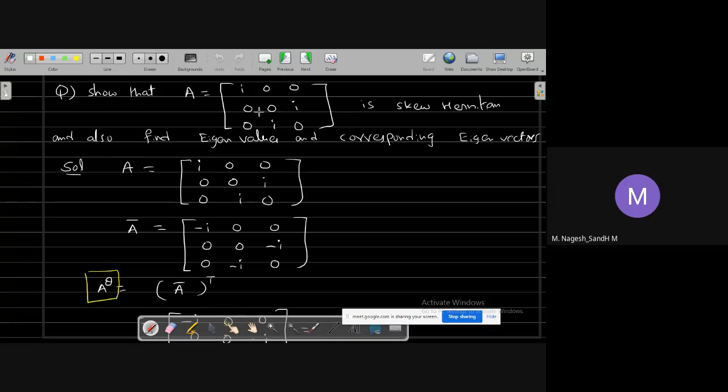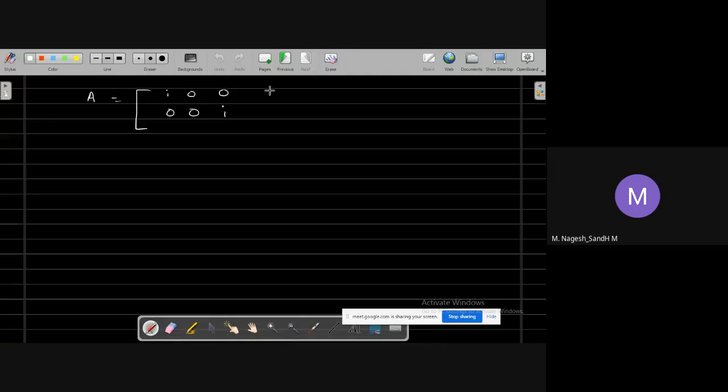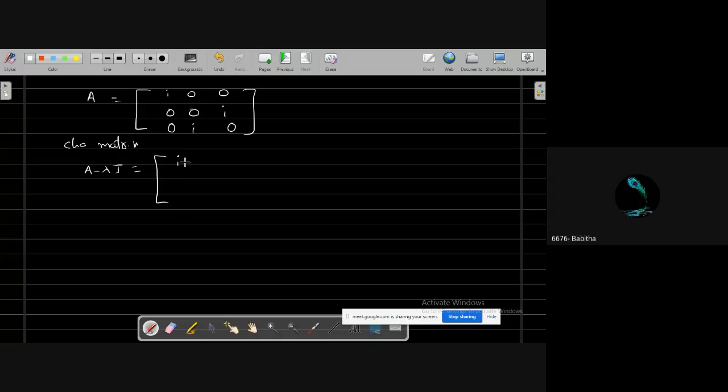Now the characteristic matrix A minus lambda I is equal to, can anyone say what the value is? Minus lambda, 0, i. Next 0, minus lambda, i. Next 0, 0, minus lambda.